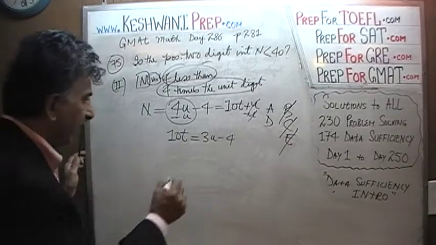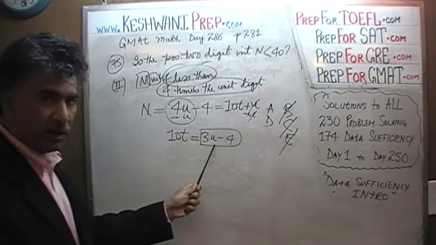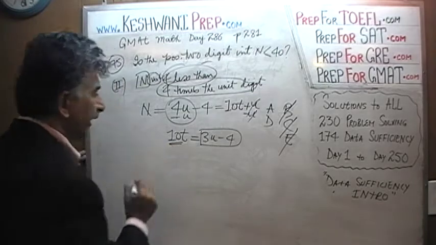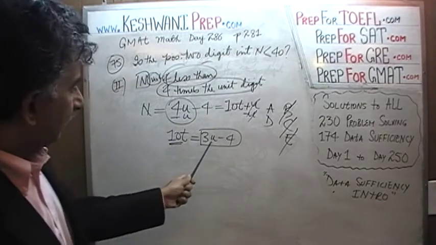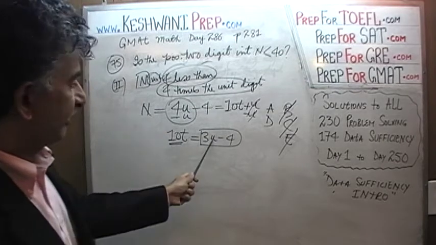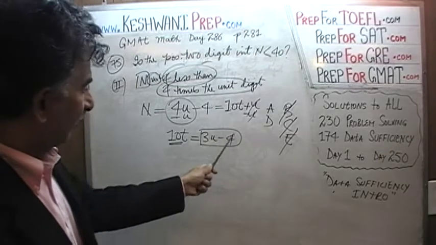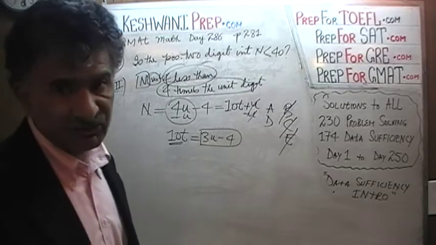What this tells us is that this quantity, whatever it happens to be, has to be a multiple of 10. In other words, the unit digit of the number we're looking for has to be such that when you multiply it by 3 and subtract 4 from it, the result is some multiple of 10. That's all. If you understand that part, the rest is downhill.